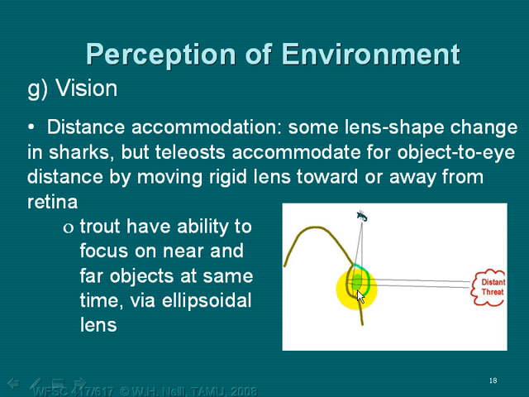Long axis head, short axis to the side, so that when things are seen in front, like food right in front of the snout, then the focus is up close, which is as it should be, and then something that's out here, like a predator that's sneaking up on the side, is seen further away in sharp focus, or as sharp as the focus gets with fish.